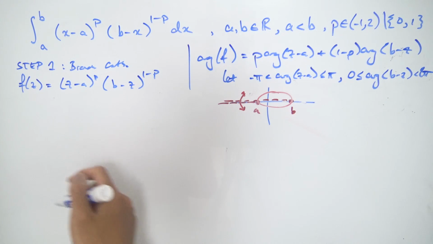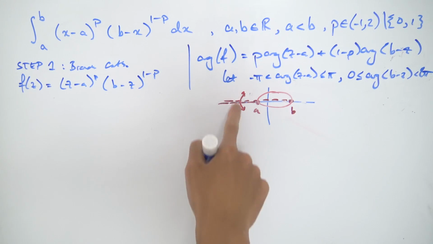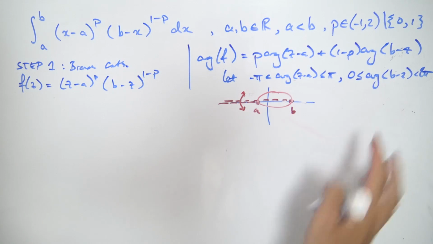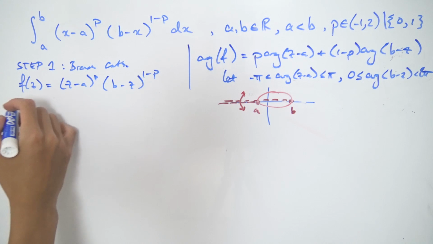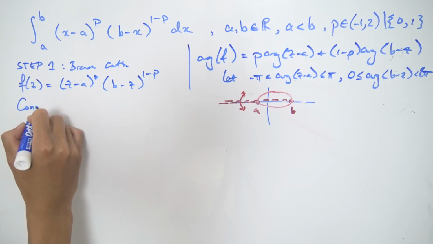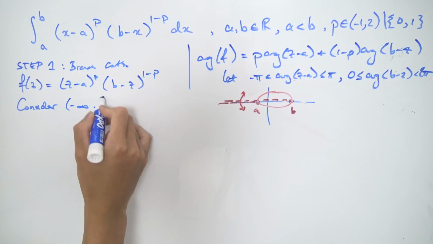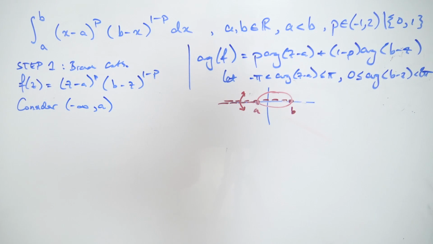And now we're going to be showing continuity across the interval minus infinity to a using these branches of the arguments function. So first of all, let's consider the interval minus infinity to a, and we want to show that our function is continuous across that interval.